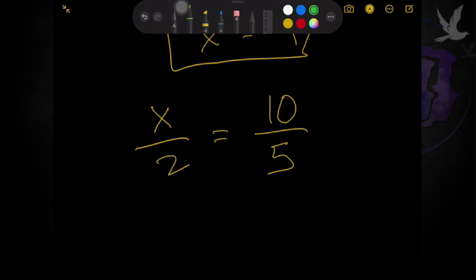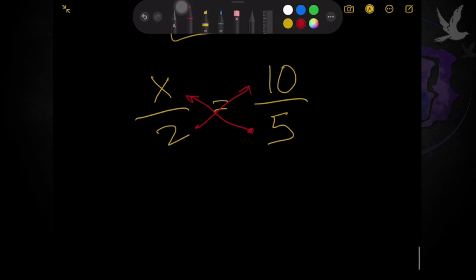Again, you can basically simplify 10 over 5, but I don't want you to do that kasi nga gusto ko gamitin nyo yung cross multiplication process, because in the future, it will not always give you a whole number once you divide this given fraction. Okay, so anyway, proceeding with cross multiplication process, 5 times x and 2 times 10.